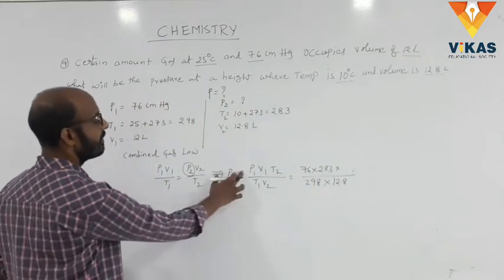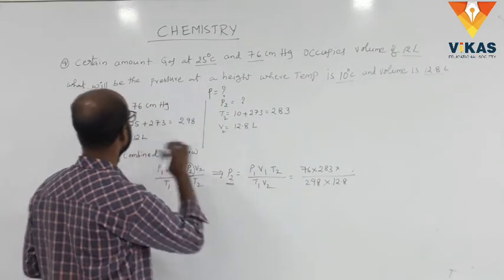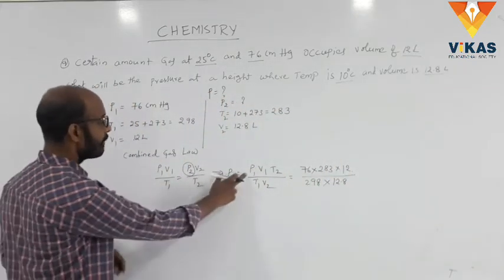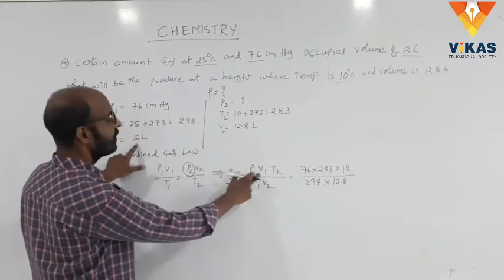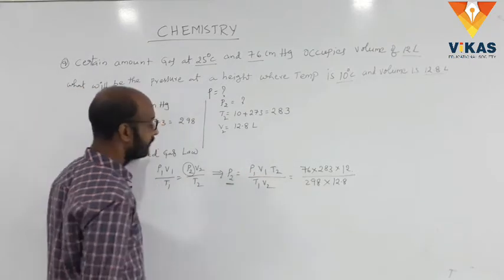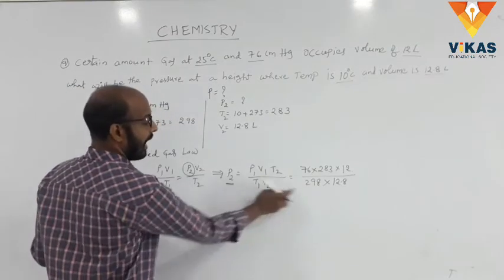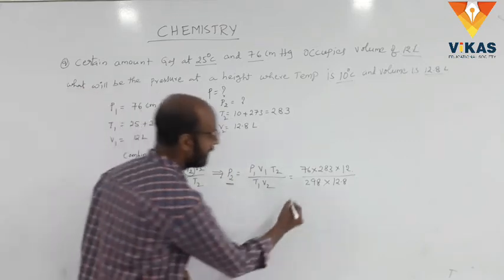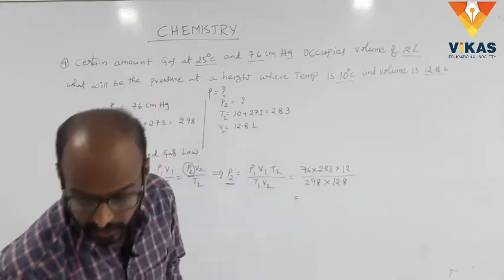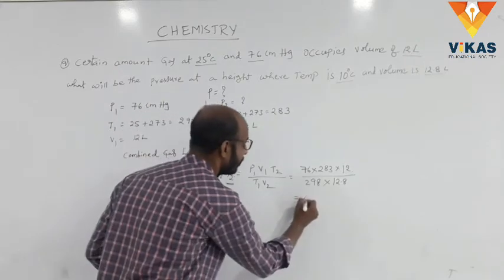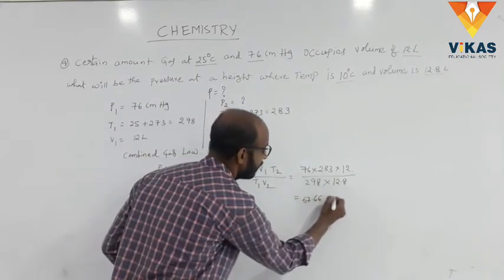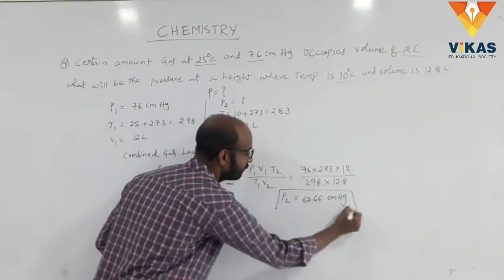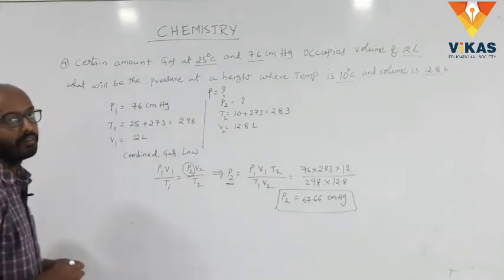And V1 is 12 liters. Okay na? Clear? So P1 is 76, V1 12 liters and T2 283, and below T1 298 and V2 12.8 liters. So finally we get, on calculation, 67.66 centimeter Hg. So we find out the P2 from the combined gas law.